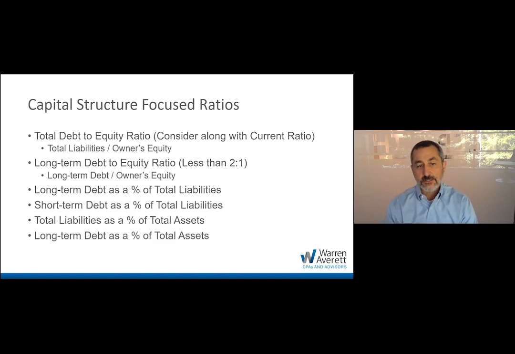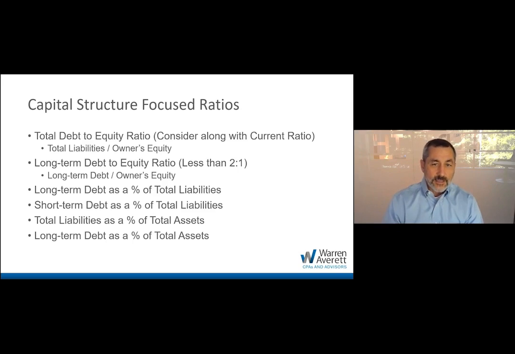So now let's shift to capital structure focused ratios. Whereas the solvency ratios look at very short-term issues, these ratios tend to address the longer-term issues that are reflected in the balance sheet. These ratios tend to address how the company has gone out and gotten capital or financing, whether that's equity that the owners have contributed, or whether that's borrowed money from a bank or some third party.